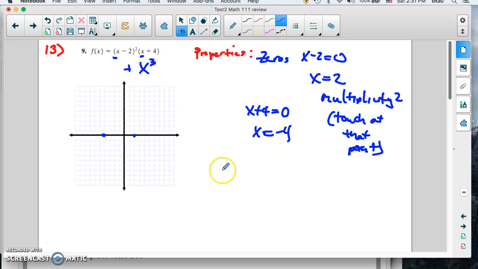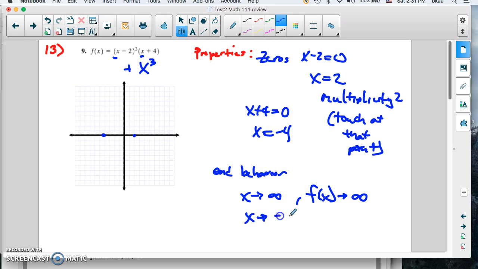Because its end behavior as x goes to infinity, f of x goes to infinity. As x goes to negative infinity, f of x goes to negative infinity.